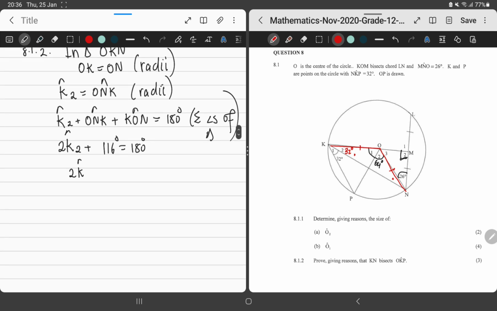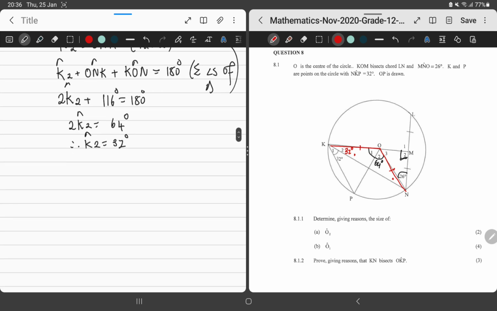So 2K2 should be equal to 180 minus 116. I'm getting 64 degrees. Therefore, K2 is 32 degrees. So this simply means that KN bisects OKP.